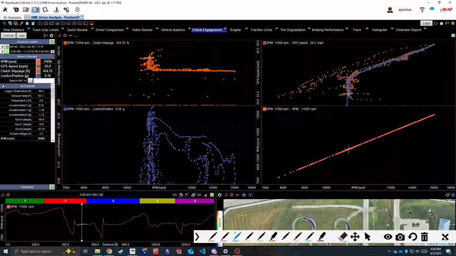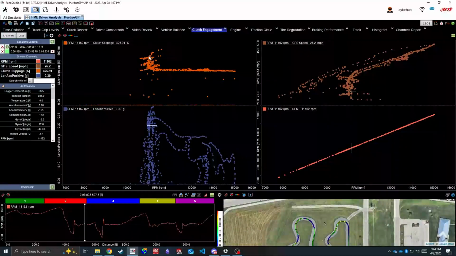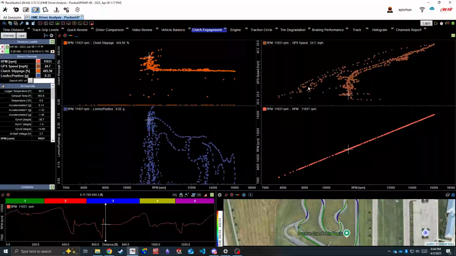And so, much the same way that we clicked on the individual points in the clutch slippage, we can do the exact same thing for this graph. And we can see that this also agrees largely with what we were observing in the trace data here, that we have an engagement speed of around 11,000 RPM, with some level of variability to it.